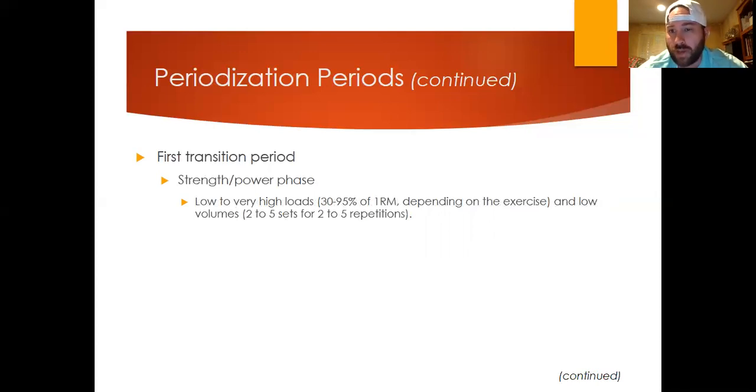If it's a more power-based exercise, that's going to be on those lower percentages, because technically power-based exercises require the most technique. And then the strength exercises are going to be those heavier percentages, in low volumes, so 2 to 5 sets of 2 to 5 repetitions.